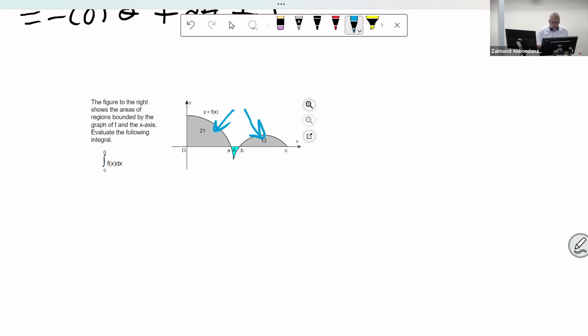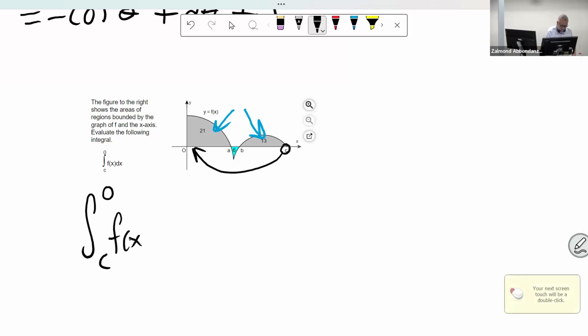So if we're looking to evaluate the following integral, from C to 0, so we're going from here backwards to here. Okay, so they got to be careful there. Of the function f of x dx. Well, the first thing I would do is reverse it.